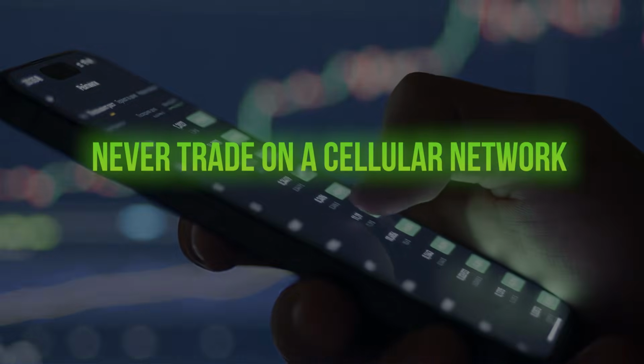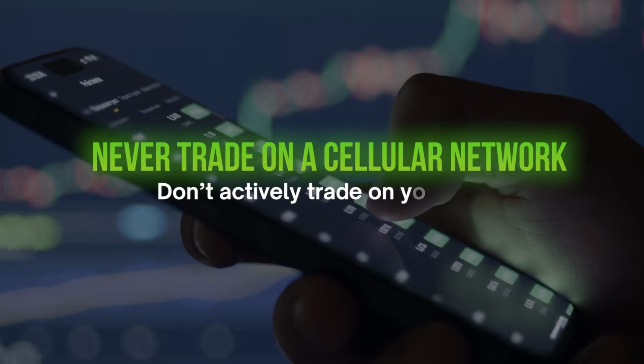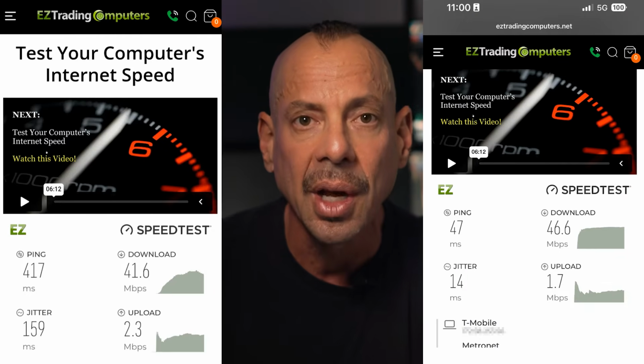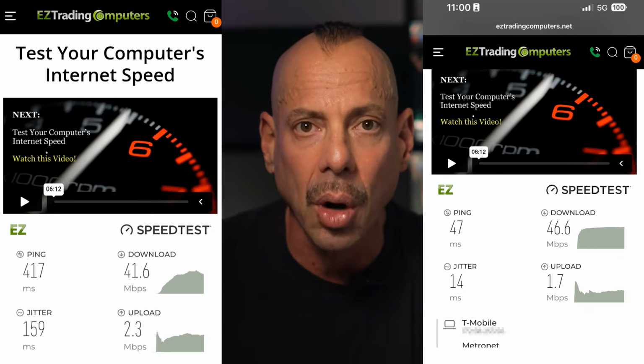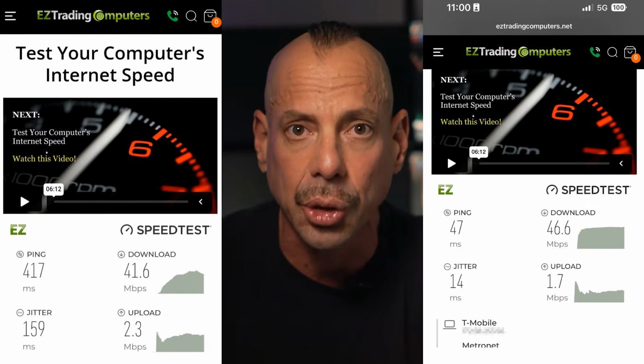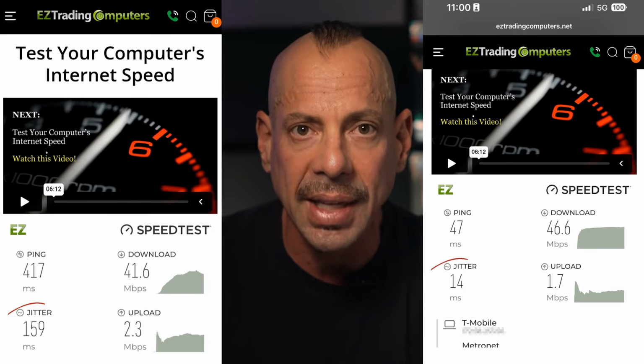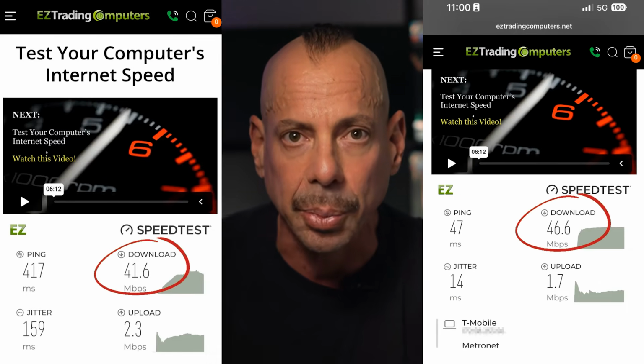And never trade on a cellular network. Don't actively trade on your cell, even if it's 5G. Here are some speed test screenshots from cell phones of people who are on my team who live across the country. And as you can see, these numbers are not good enough for trading. Look at that ping, look at that jitter, look at those download speeds.